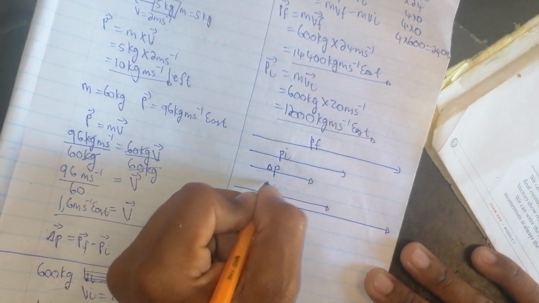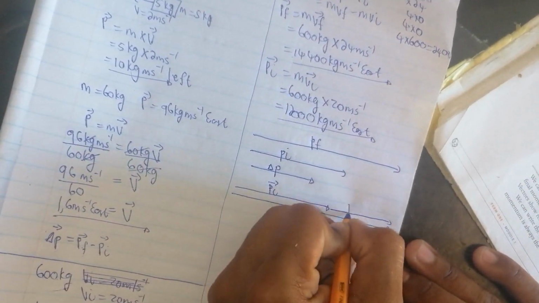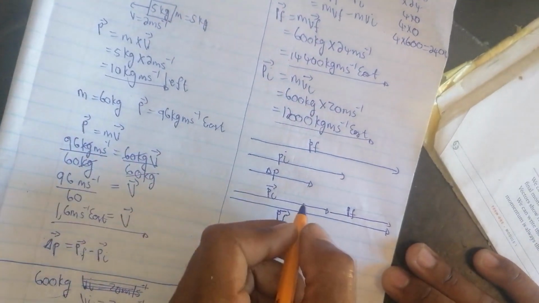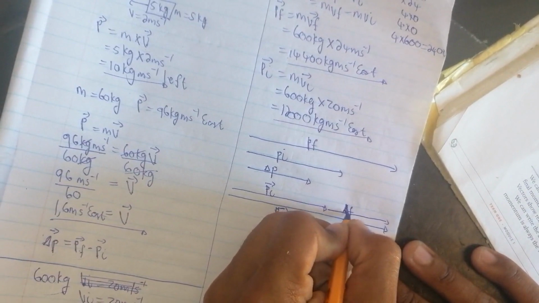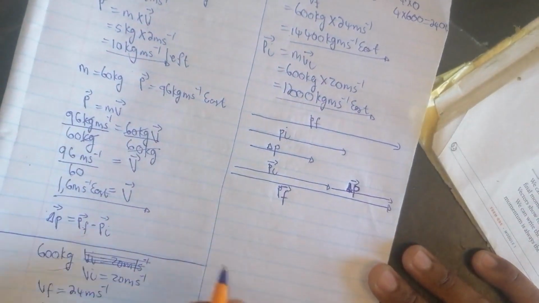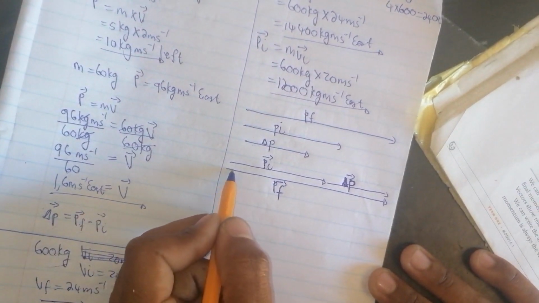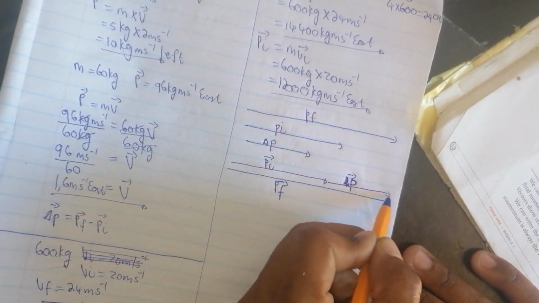This would be the initial momentum, and this would be the final, the change. This would be the change in momentum. So this is the final momentum, this is the initial, and this is the change.